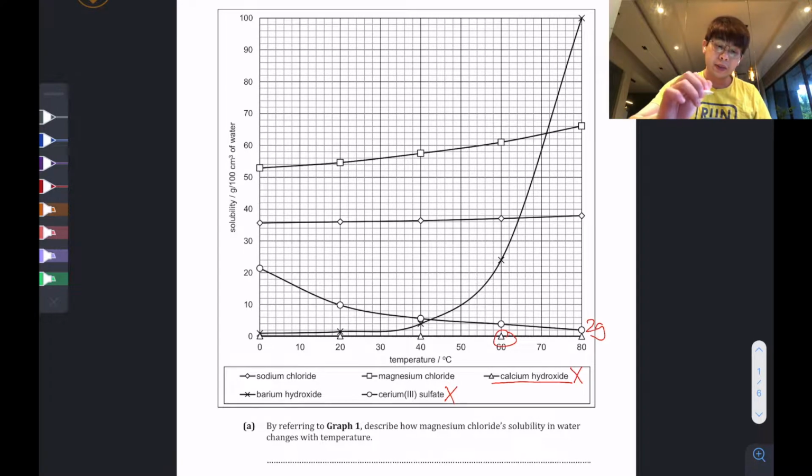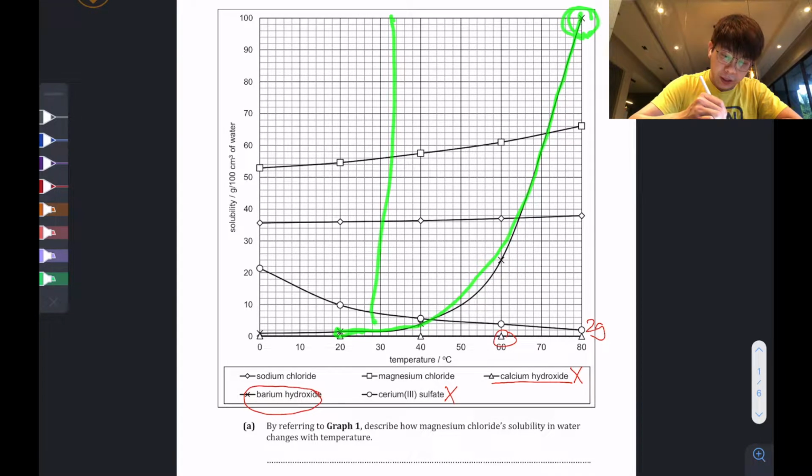Actually, the best substance here to do crystallization would be barium hydroxide. Barium hydroxide at 80 degrees Celsius can dissolve 100 grams. So you dissolve 100 grams at 80 degrees Celsius, and when you let it cool down, suddenly the solubility drops, and around room temperature, only 2 grams can dissolve. That means this whole part over here will crystallize.